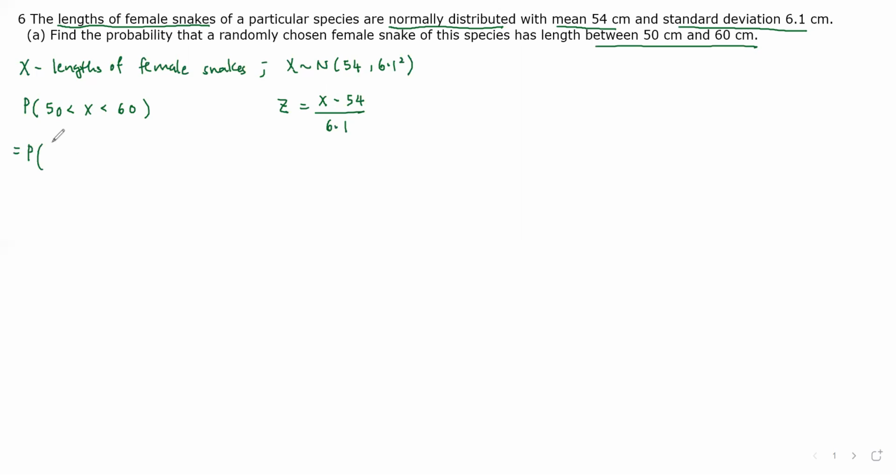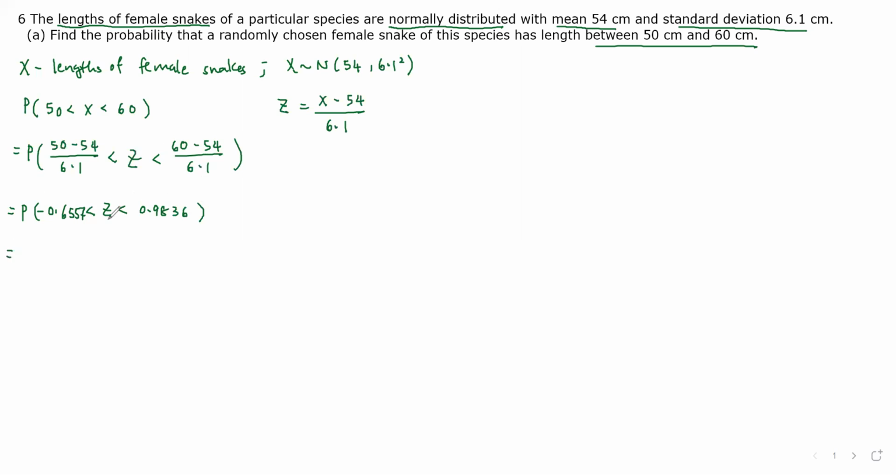So standardizing, we have (50 minus 54) divided by 6.1, where X becomes a Z, and (60 minus 54) divided by 6.1. So we have the probability that Z is between negative 0.6557 and 0.9836.